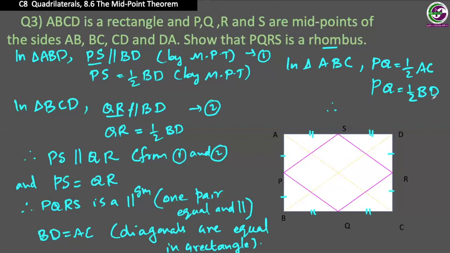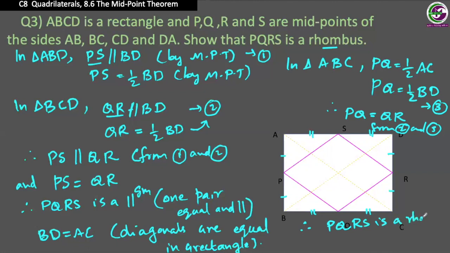So let's name this as equation 3. From equation 2 and 3, we get PQ is equal to QR. So if adjacent sides are equal in a parallelogram, PQRS is a rhombus because adjacent sides are equal.